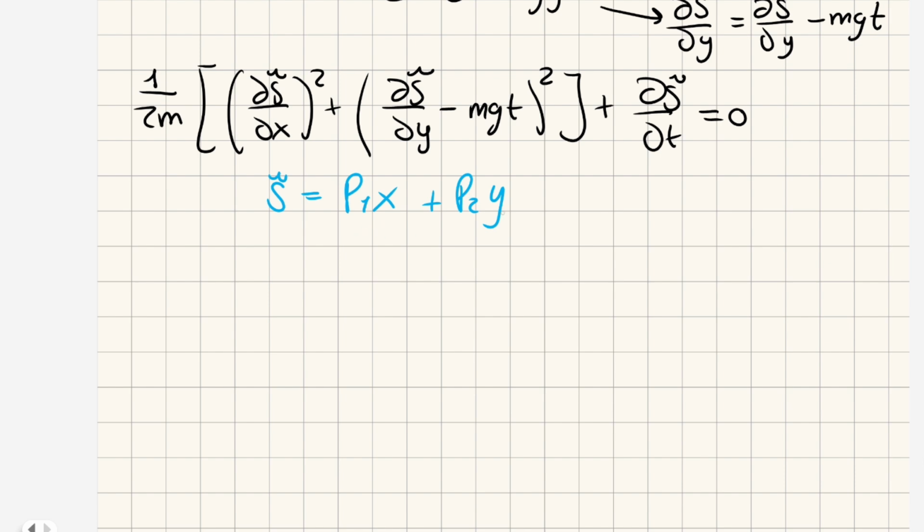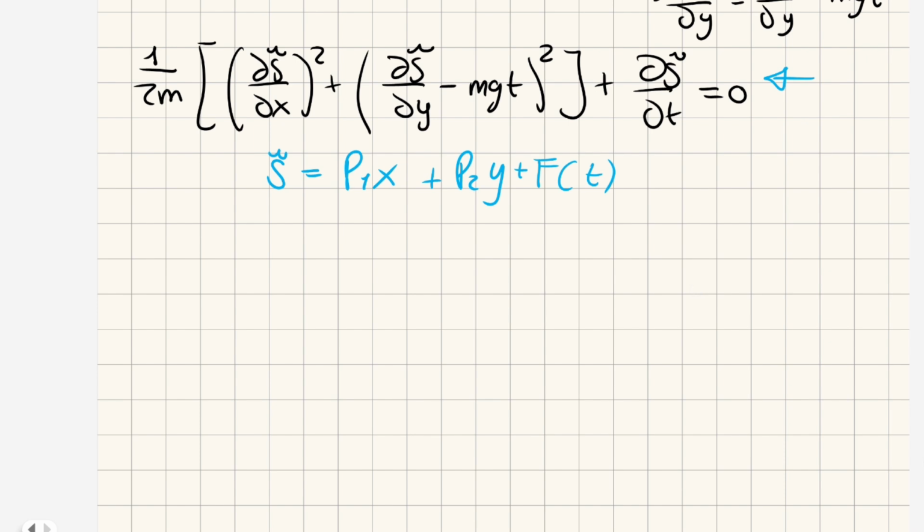Recall, looking that x and y are not included in the Hamilton-Jacobi equation, we can propose a linear function corresponding to that variable. Okay, and for the time, looking that it is present here, we need to propose a general function f of t, right?